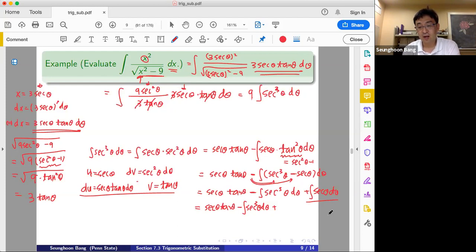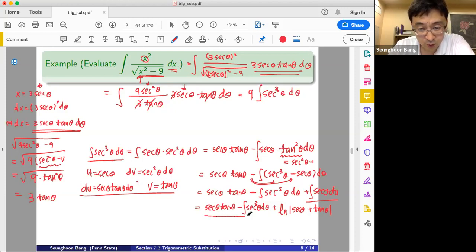No. This is the formula. You need to memorize this formula: the integral of secant theta is ln of the absolute value of secant theta plus tan theta. So like this, right? So this one is the same as this result.